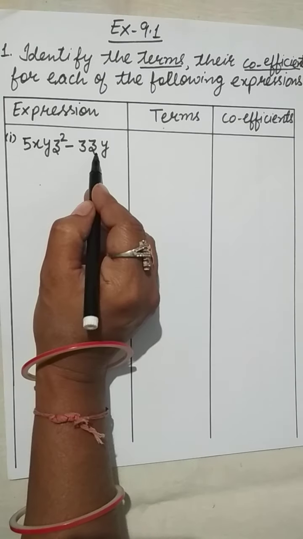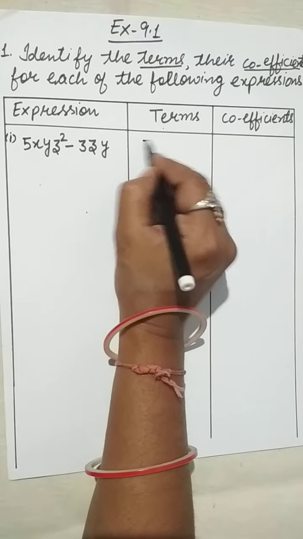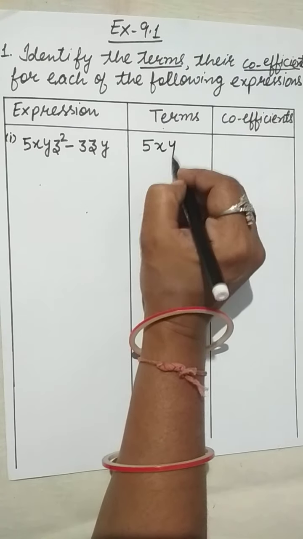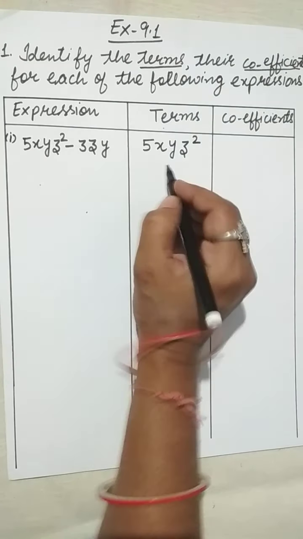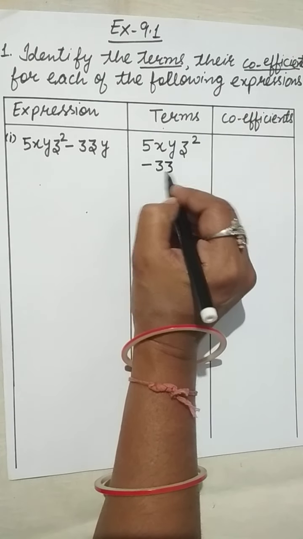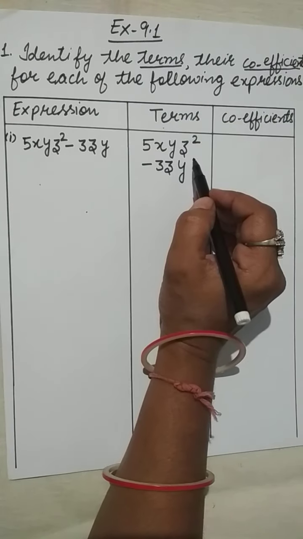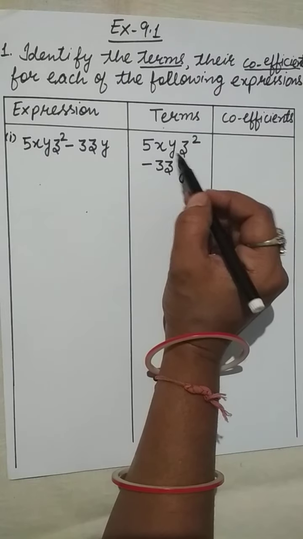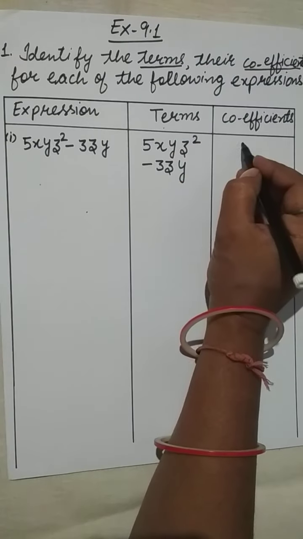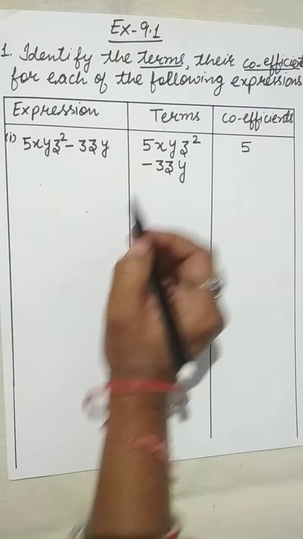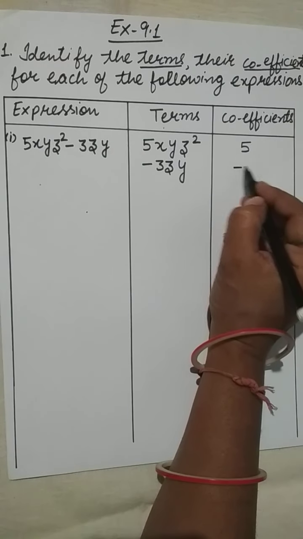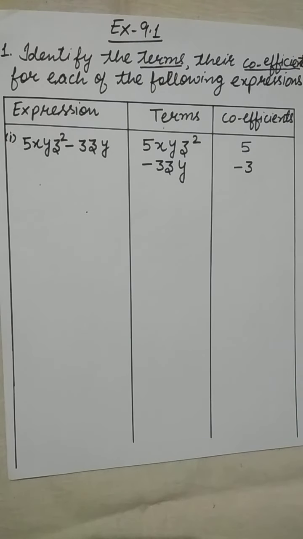Firstly, we will write down the terms. The first term is 5xyz square and the second term is minus 3zy. Now as we know that the coefficients are the numeric values, the number here is 5, so the coefficient is 5, and the number here is minus 3, so the coefficient is minus 3.